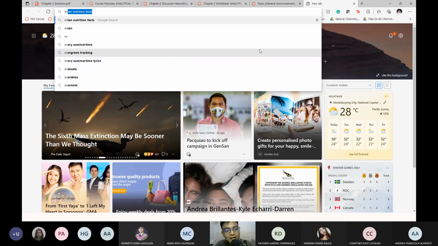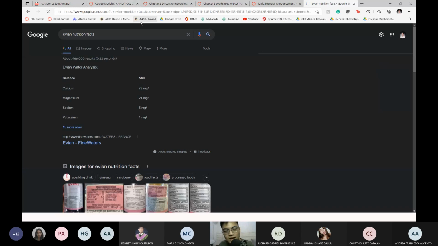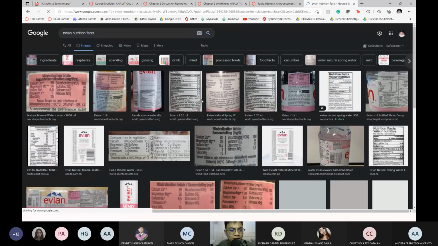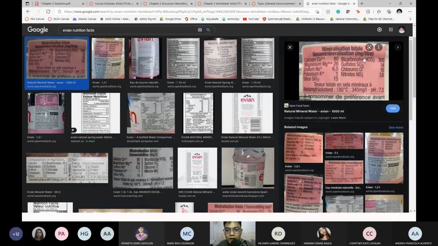Okay, so kung bumili kayo ng Evian or any drinking water, if you look at the back, may ganito sila nakasulat. Look na. So, total minerals, no? Feeling ko tuloy French na ako. Minéralisation totale.